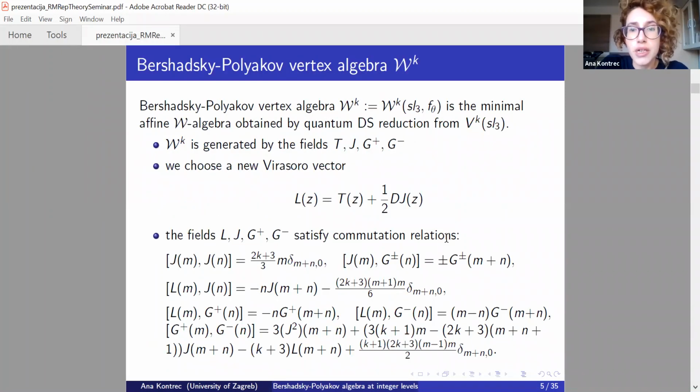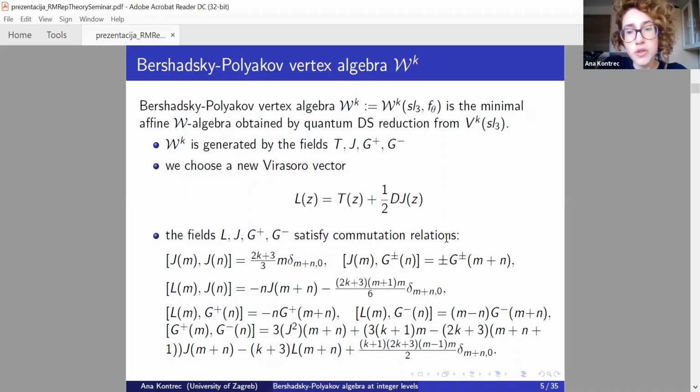Okay, so if we take the Lie algebra g to be SL3 and we take the minimal nilpotent element, then we obtain the Bershadsky-Polyakov vertex algebra. And basically, this is one of the two we could get from SL3. The other one is the so-called W3 vertex algebra, which corresponds to the principal nilpotent element.